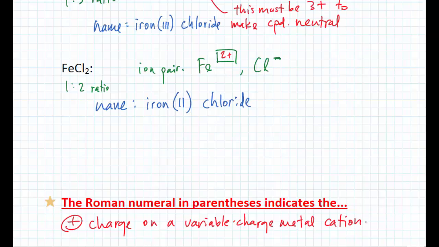Okay? So that's the new thing that we need to deal with right here. When we have a metal that in different compounds can form different charges, we need to, as part of the name of that compound, say which charge that metal has, whether it's 3 or 2 or 1 or 4 or 6 or whatever. And we can usually figure that out from the formula.